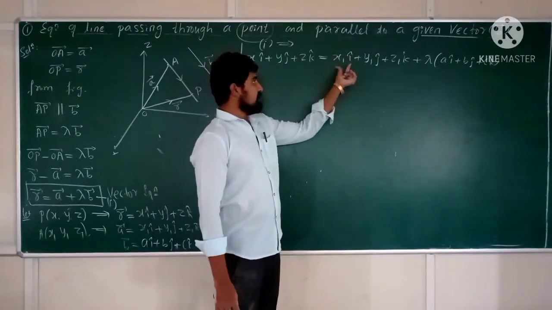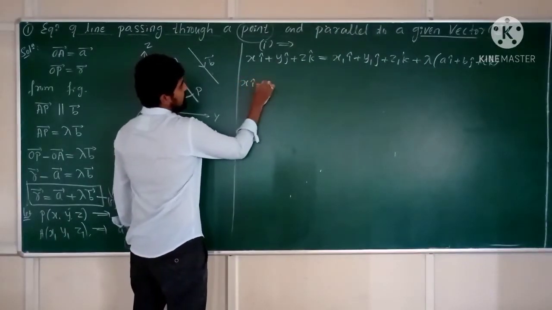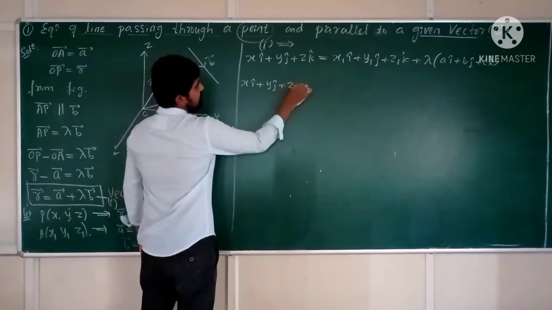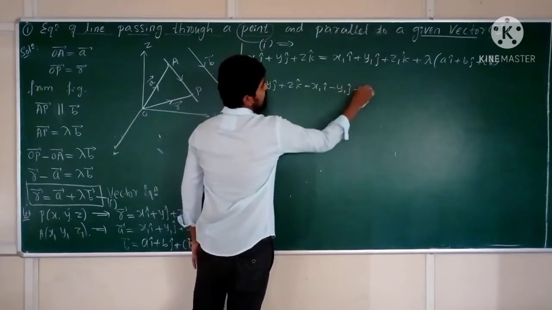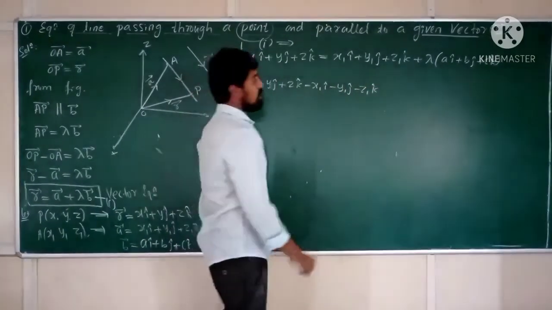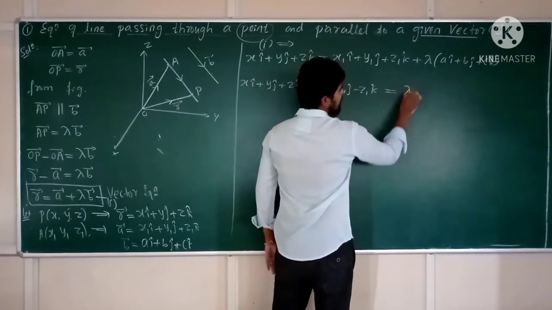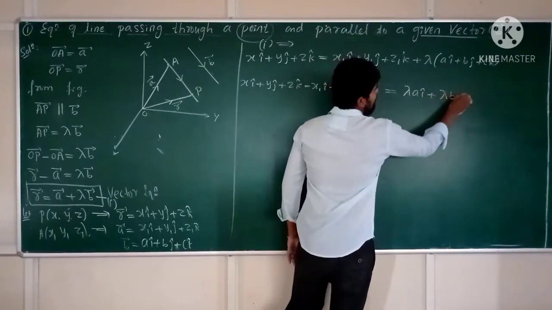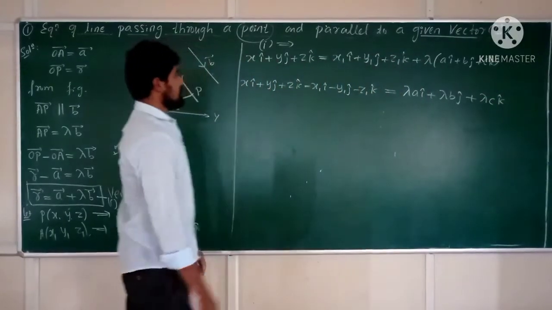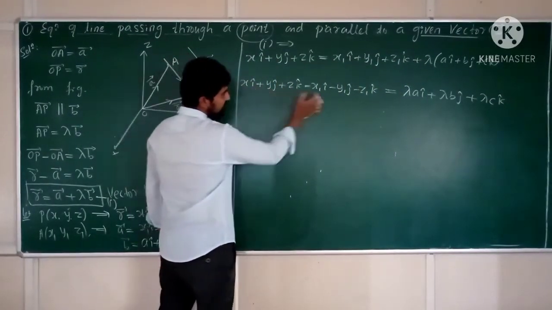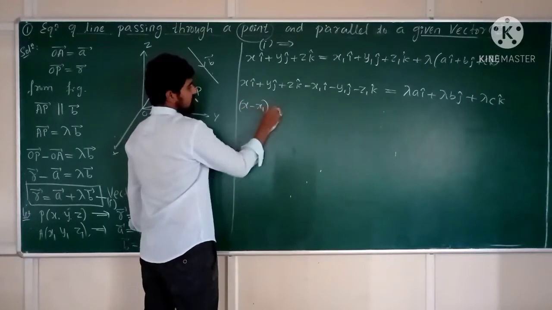Now shift this x1i plus y1j plus z1k towards the left hand side. It becomes xi plus yj plus zk minus x1i minus y1j minus z1k equals lambda into ai plus lambda into bj plus lambda into ck. So on the left side, xi minus x1i is present, so i is common, and it can be expressed as (x minus x1) i cap.